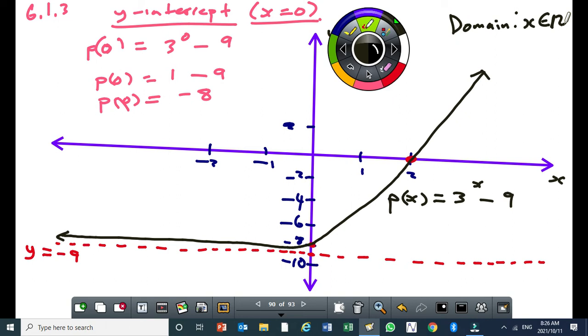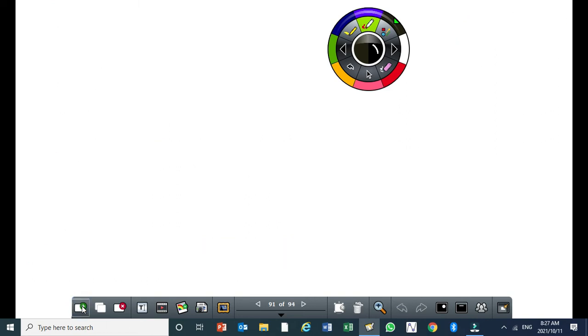Okay, I'm just going to give you a question based on this graph. Okay, this is the question. I'll put question 6.4 on the next page. This is the next question.